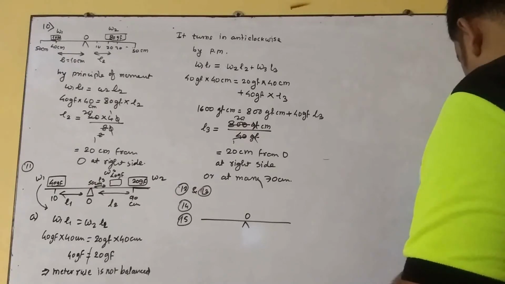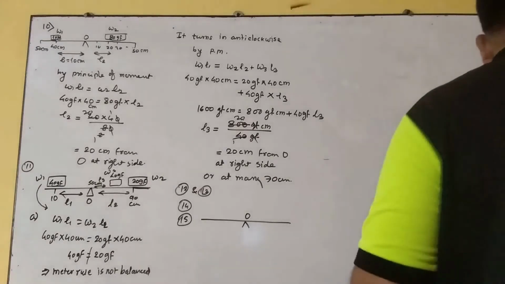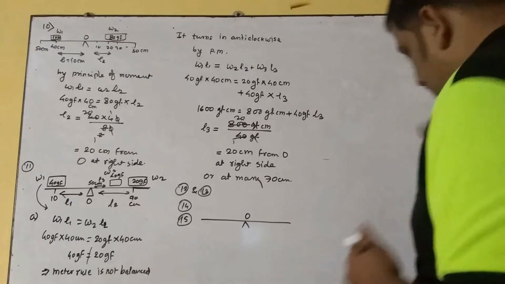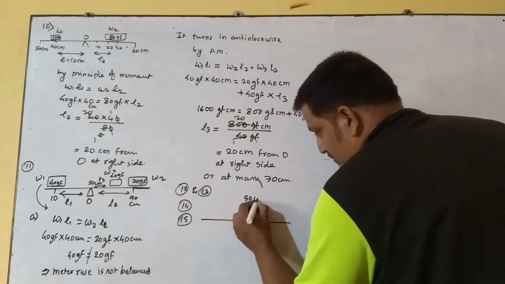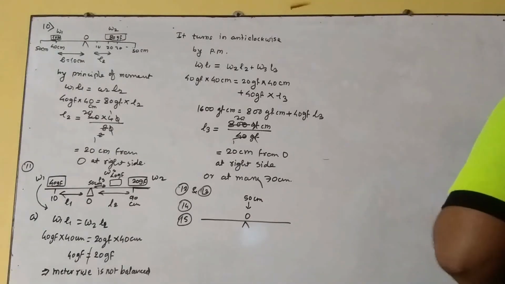Now this meter rule of weight 10 GF is pivoted at a mark O. So we can say that it balances at 50 centimeter and the weight of the meter rule is given.